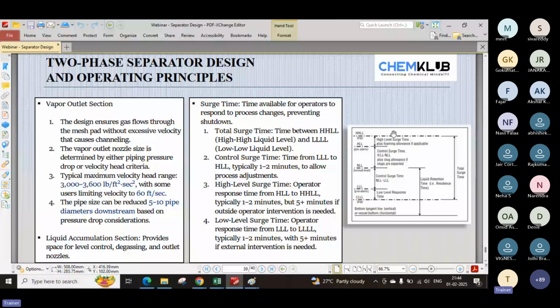And every difference between these liquid levels has design requirements, whether it is a time one, and another is the minimum gap. Suppose there is a 100 or 150 gap between the high liquid level and high high liquid level, and if we consider a minimum of 70, it is quite difficult for the level measuring element to correctly measure those.